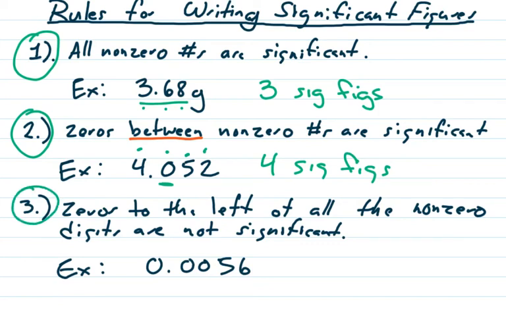Number 3: zeros to the left of all non-zero digits are not significant, okay? You can think about this as scientific notation. We're just interested in this 5 and the 6, so this is only going to have 2 significant figures. These zeros don't count.